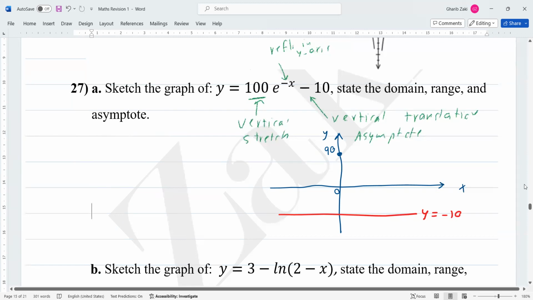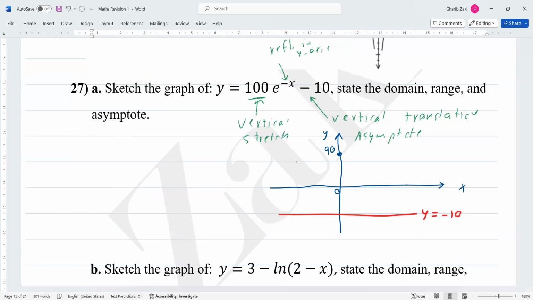Now, I said the asymptote is y equals negative 10. It is not y equals 0. If it's y equals 0, the intersection is just one point with y-axis. But because the asymptote is down to x-axis, then we have intersection with x-axis and y-axis.